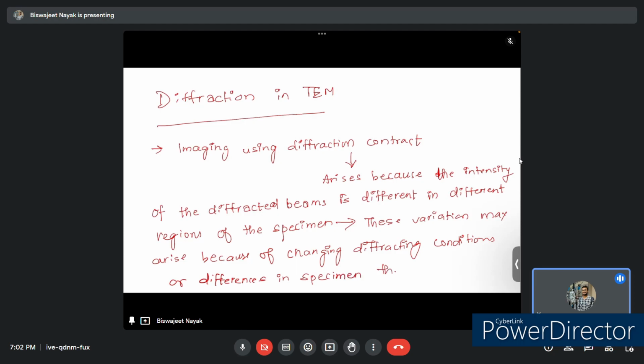So basically we can easily determine the thickness of a specimen using this methodology, right?